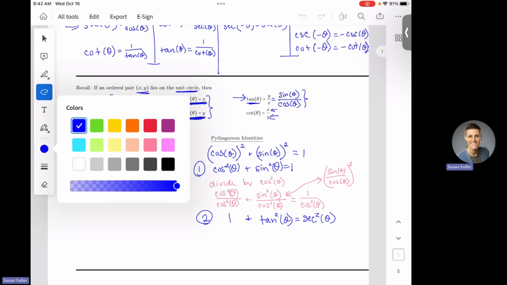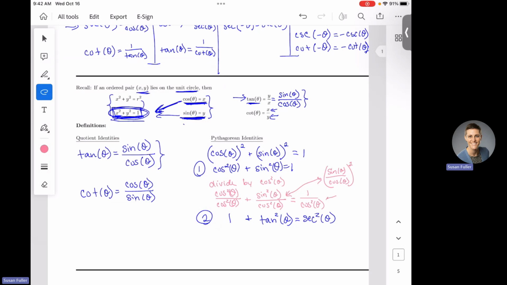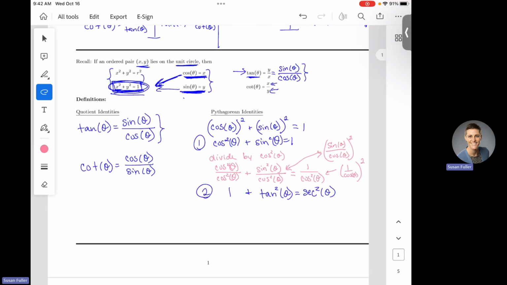Again, if you're having trouble seeing that, secant of theta is the same thing as 1 over the cosine of theta, that whole thing squared, which is how we get to secant squared. Okay, that's the second form of the Pythagorean identity: 1 plus tangent squared of theta is equal to secant squared of theta.